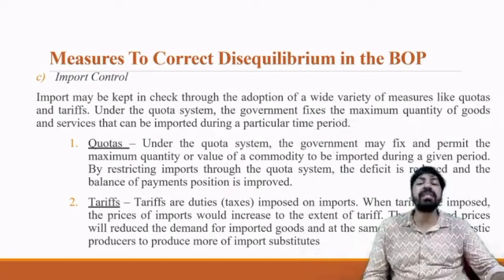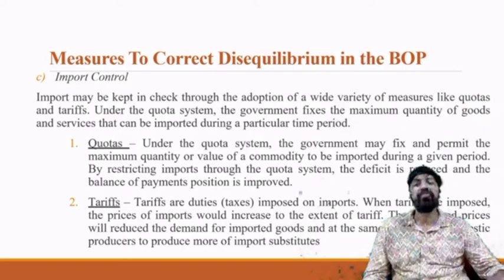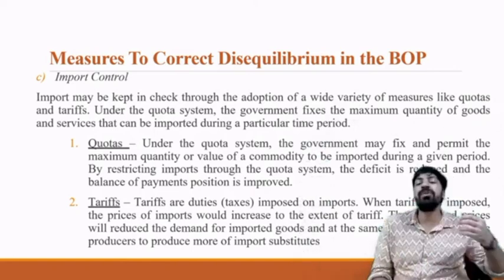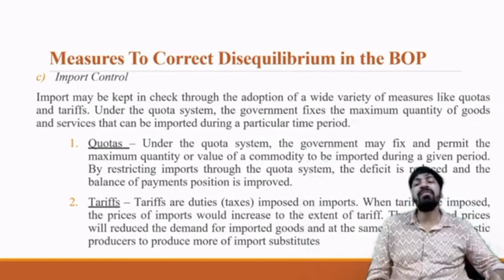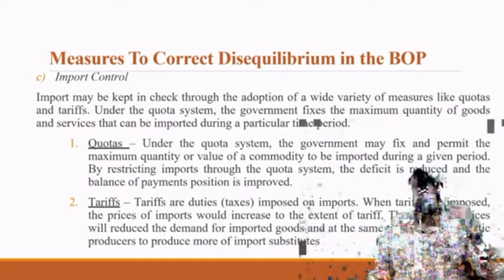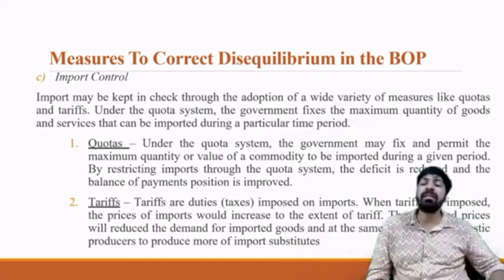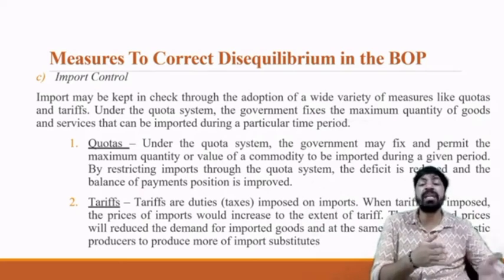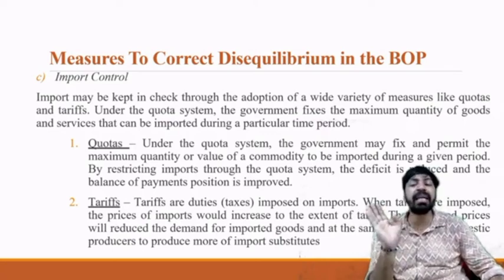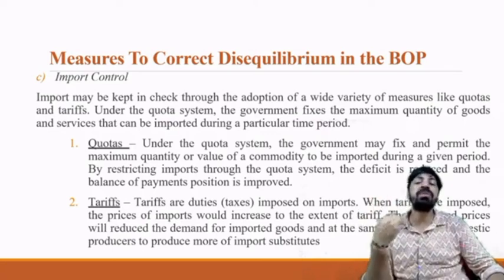Tariffs are the duties and taxes imposed on imports of goods. Some goods will automatically be exempt from these taxes. If tariffs are imposed, the prices of imports increase and the demand for those imported goods, which have huge demand, decreases. Ultimately, domestic producers are induced to produce more and more goods in our home country.